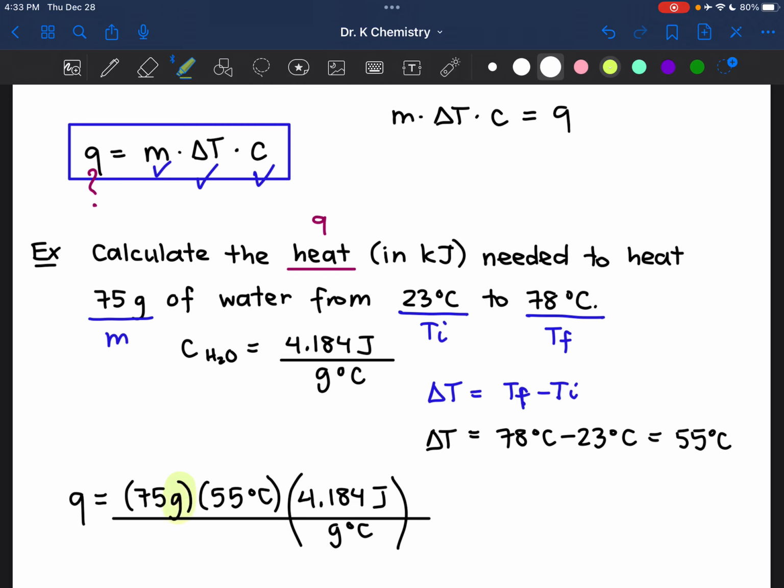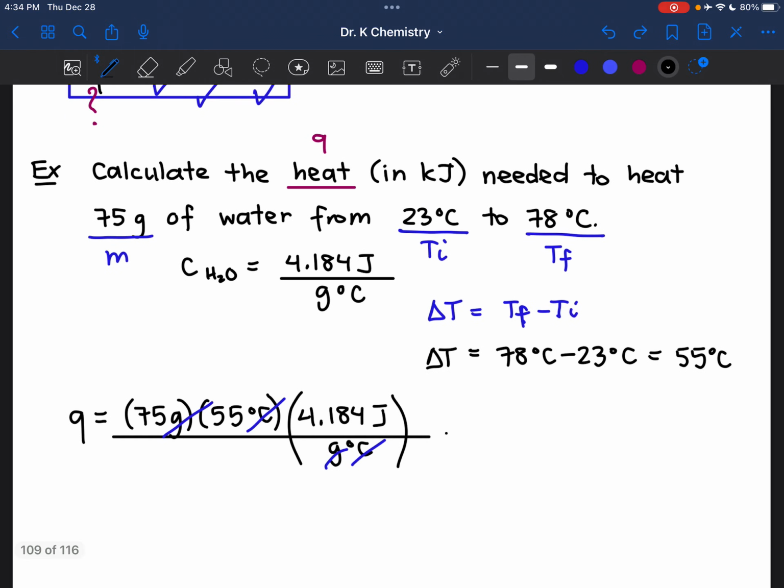Because now we can see that we have grams on top and grams on the bottom, so grams will cancel out. So those are gone. We also have degrees Celsius on the top and degrees Celsius on the bottom, so those will cancel out. And that means that the unit that we are left with is joules. And that's what we want because we're trying to calculate heat.